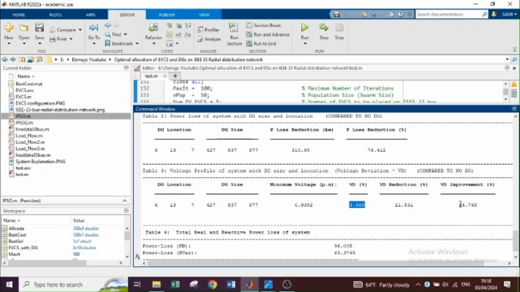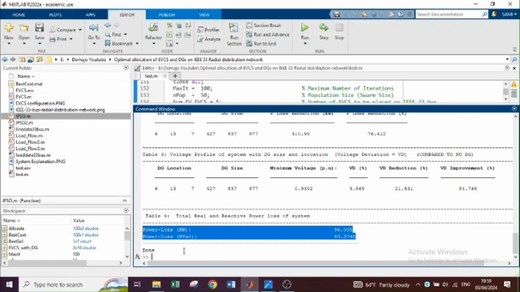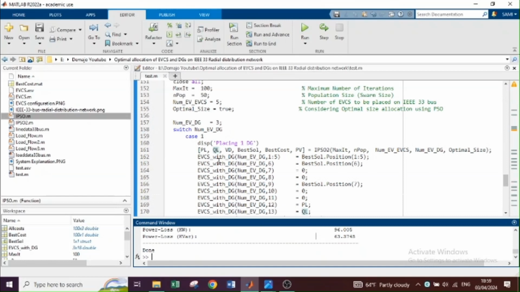Compared to no DG, this is almost a 21.53% reduction, which is around 84% improvement. So the voltage deviation and power loss show that this method is helping the system reduce the power loss a lot and the voltage deviation significantly.